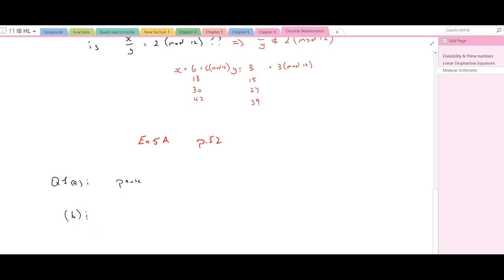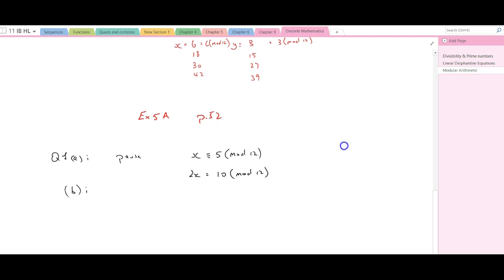Okay, 1a part 1, if x gives a remainder of 5 when divided by 12, that's what it means. Then 2x will give a remainder of 10 in modulo 12.